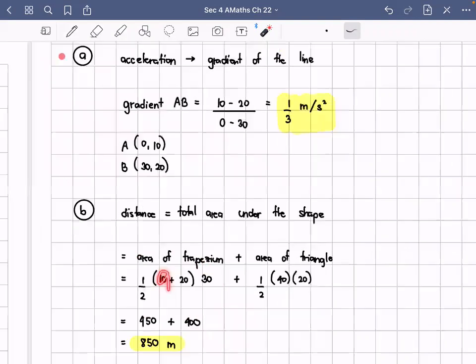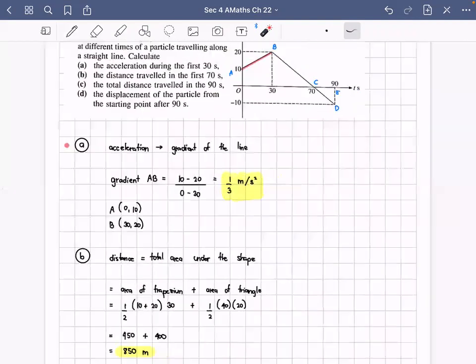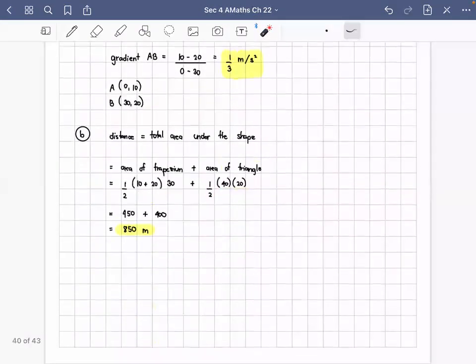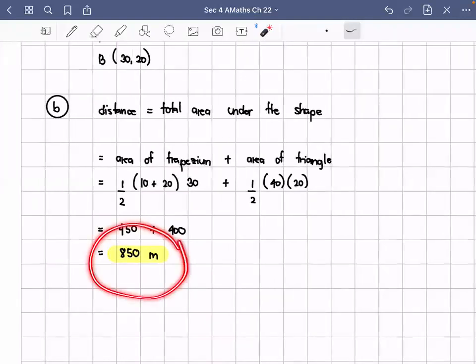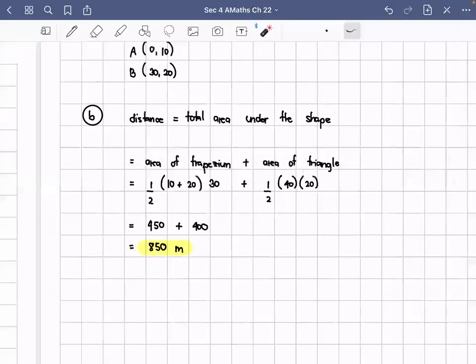A is 10, and B is 20, the two parallel sides, and the height is 30, times 1/2. For the triangle, let's say this is your base, which is 40, and this is 20 as the height, times 1/2. Answering this, your answer is 850 meters.